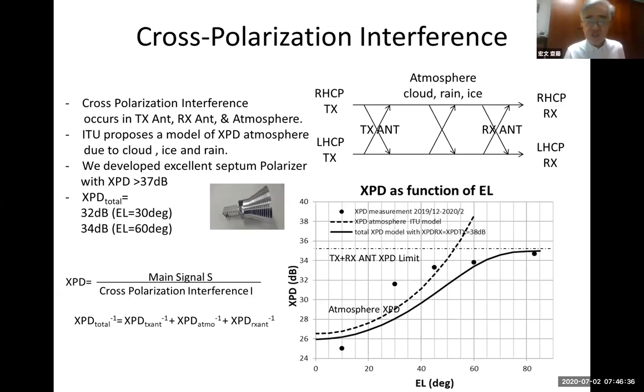This graph shows XPD as a function of elevation. The dotted line shows the ITU model of atmosphere XPD. As elevation increases, XPD increases. The broken line shows the limitation of hardware antenna XPD.